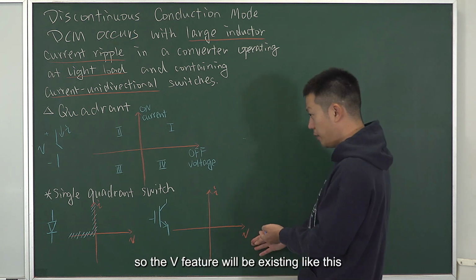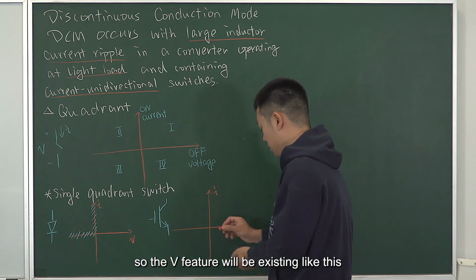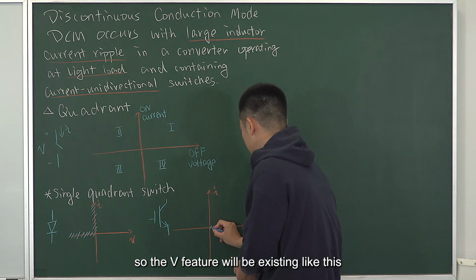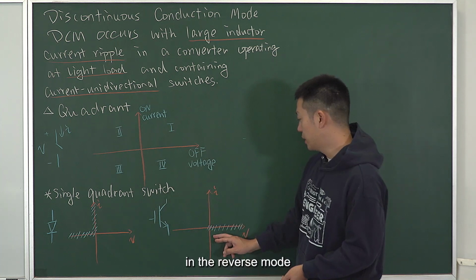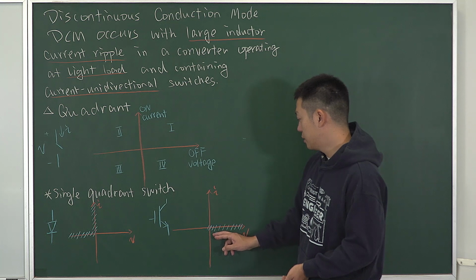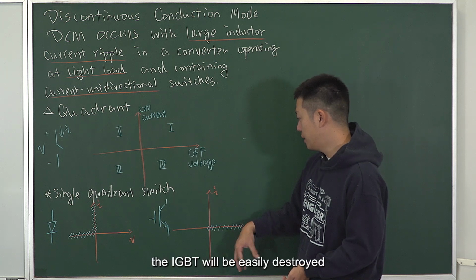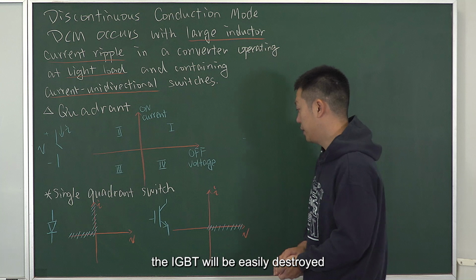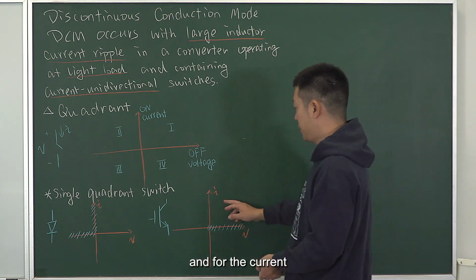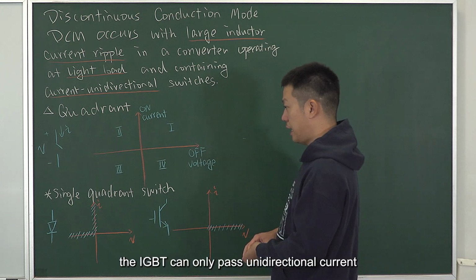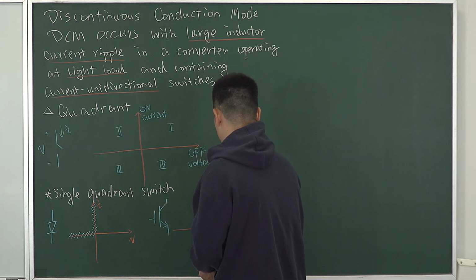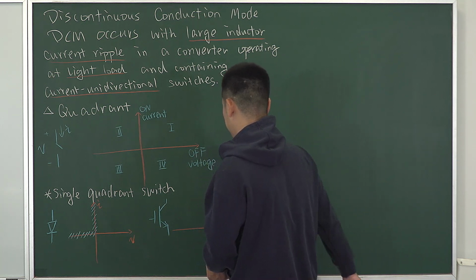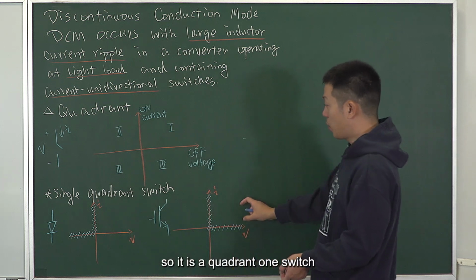So the V feature will exist like this. In the reverse mode, the IGBT will be easily destroyed. And for the current, the IGBT can only pass unidirectional current. So it is a quadrant 1 switch.